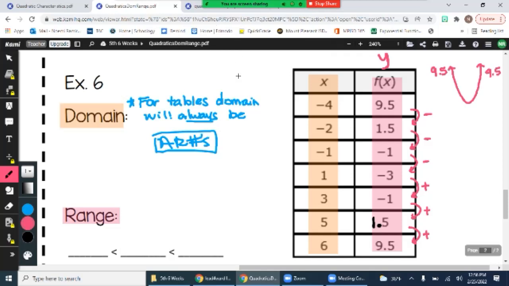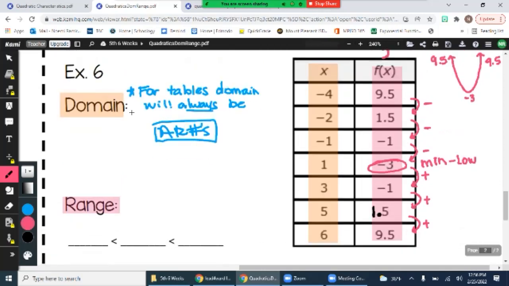Where does it turn, where does it go from negative to positive? At the -3. So -3 is considered my minimum, my lowest point. Does everybody understand that? Everybody knows how to find that. We're going to practice it on the next table.